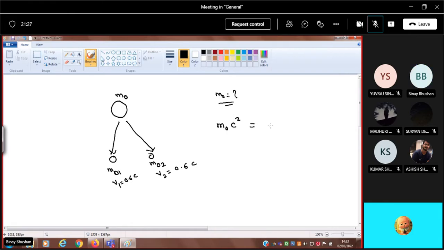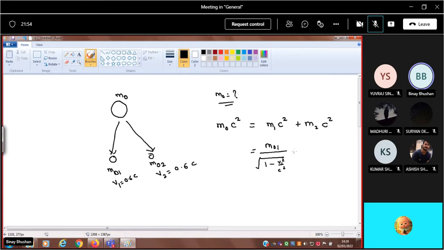After explosion, the energy of the first fragment will be m1c square and the energy of the second fragment will be m2c square. And m1, that means moving mass of the first fragment, will be equal to its rest mass divided by the square root of 1 minus v square by c square.